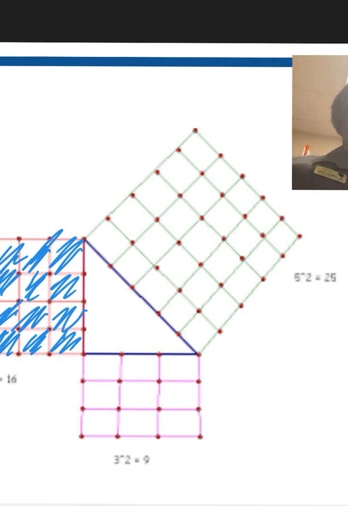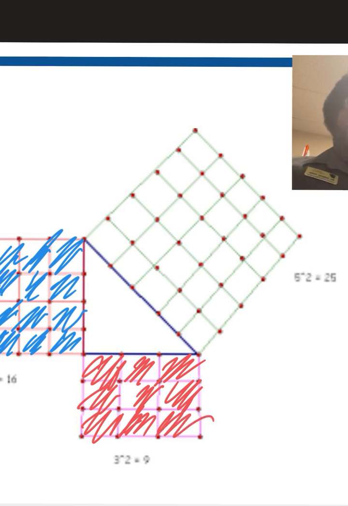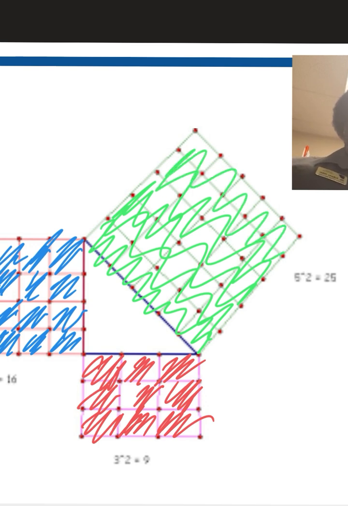And we had 9 squares on the other. Exactly. And we took these and we put them over here, right? So the 9 squares plus the 16 squares gave us the 25 squares. So that's how we proved that a squared plus b squared equals c squared.